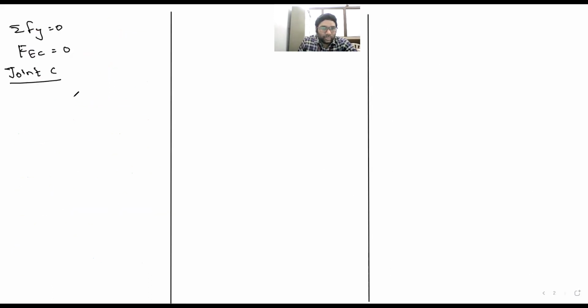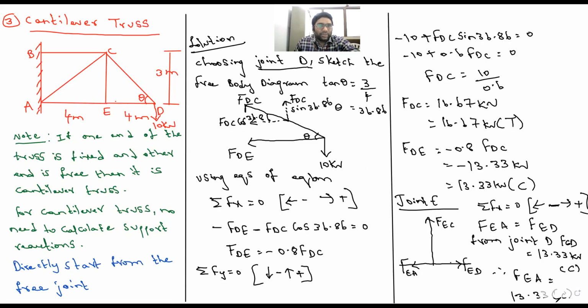So see here, horizontal member, vertical member, inclined members. So this is FCE, CD, CA, CB.